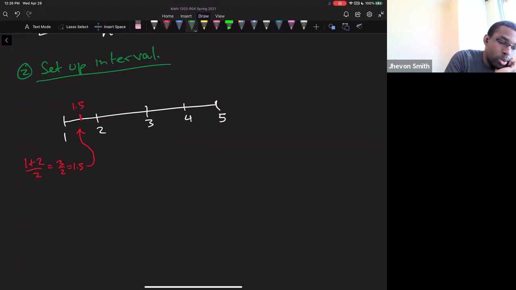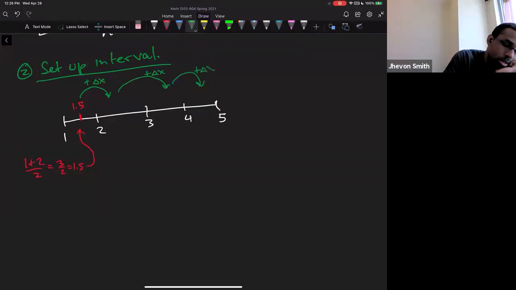Now, once I have that 1.5, I can just keep adding delta x to find the other middles. Of course, it's obvious here that this is going to be 2.5, that's going to be 3.5. This is going to be 4.5. And those are the x values that I picked.